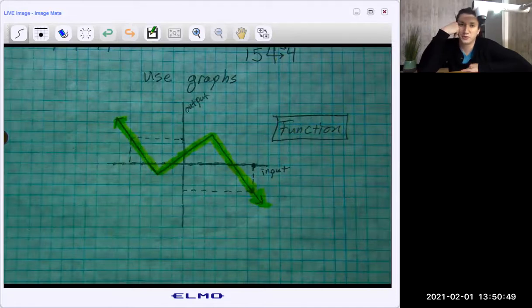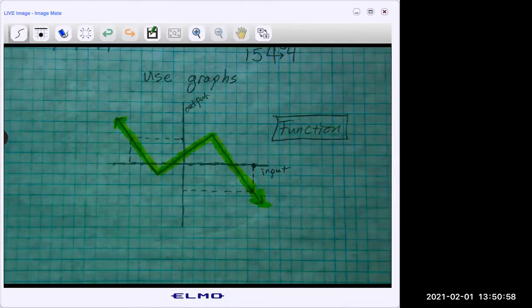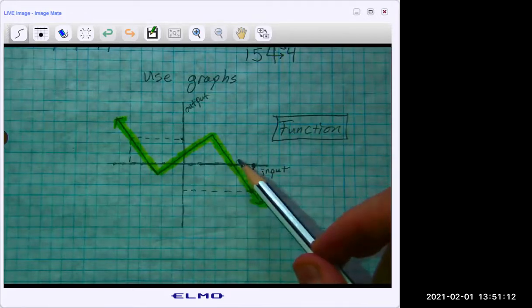Questions, comments, concerns, wonderings? Wait, if you make a line right where X is, sorry, if you count this way, where X is 6 and Y is 4, won't that touch twice?